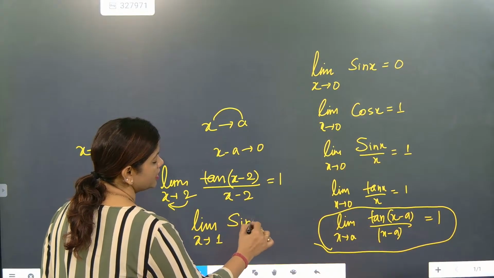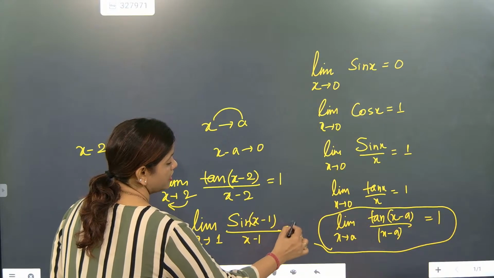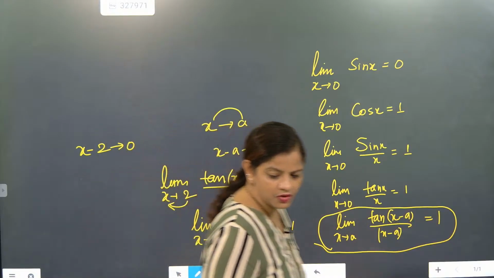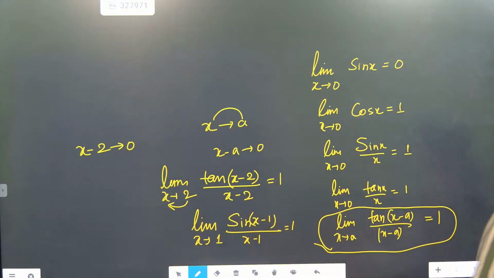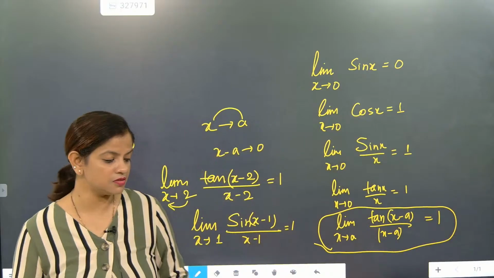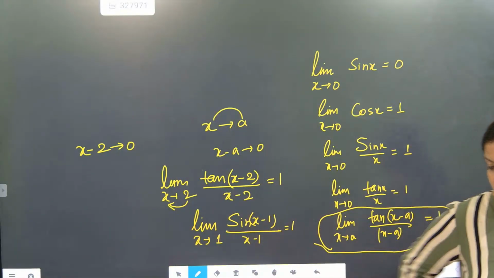You should write x minus 1 by x minus 1, and then it will be equal to 1. Always, it will be no other trigonometric ratio, it will be 1. Note down, take your time and note down, because now I am going to teach you one step more than this, because I am preparing you for both the examinations.